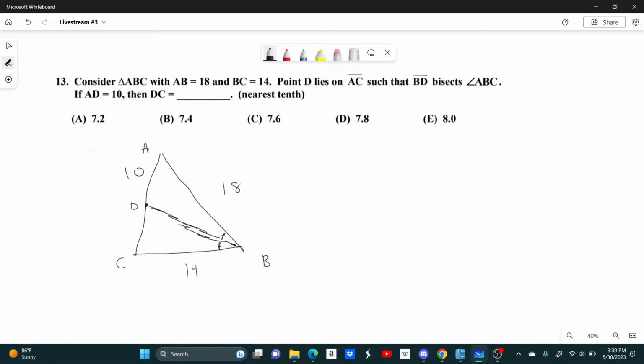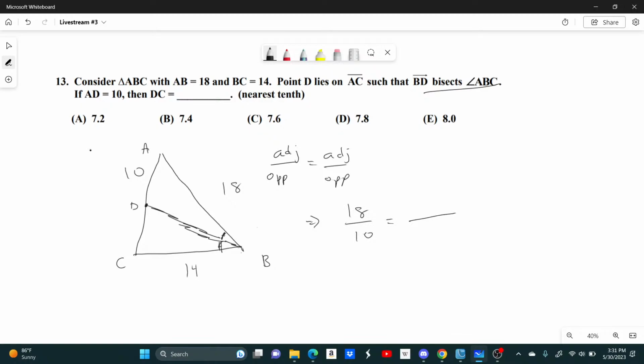So you see this BD bisects ABC? Well, it's kind of fun. There's actually a theorem called the angle bisector theorem, which is pretty useful for this question. It basically says that the side adjacent to the bisected angle, divided by the opposite, is going to be equal to the adjacent divided by the opposite. So in this case, for this triangle, the adjacent to this angle is 18, and opposite that angle is 10.